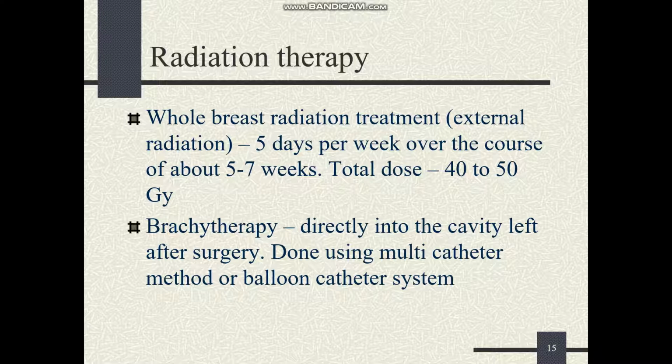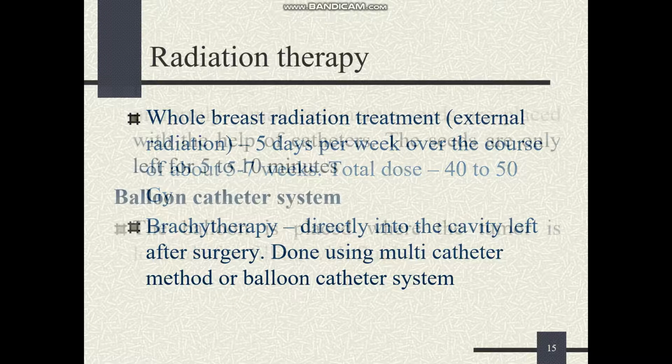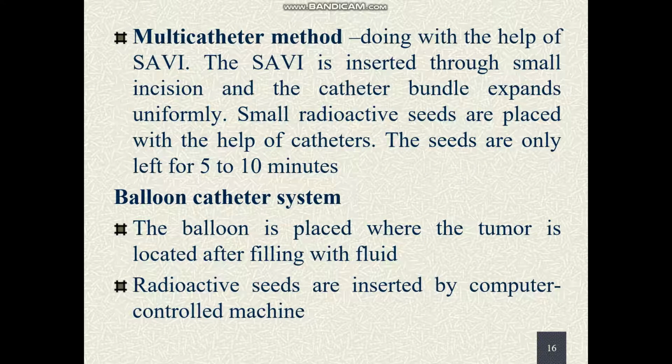In case of brachytherapy, it can be done with the help of two methods: multi-catheter method as well as balloon catheter system. So I will arrange the video of this multi-catheter method and balloon catheter system. The multi-catheter method is done with the help of a device, SAVI, and the device has a bundle of catheters.